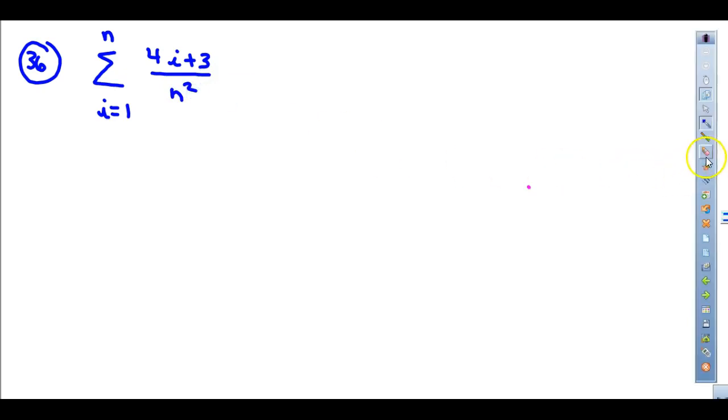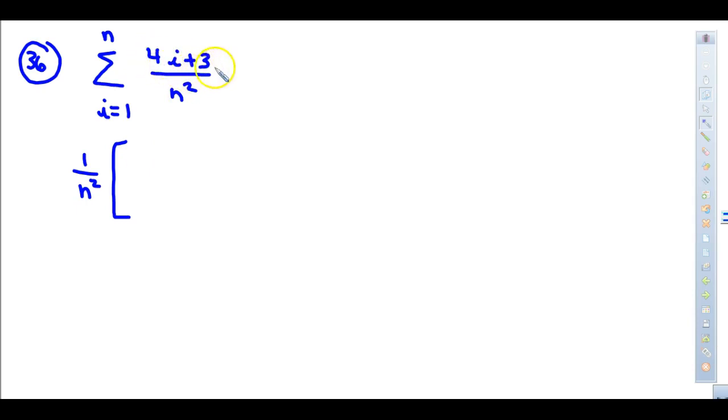So this is like that very first example that I just showed you where you don't have just I in here, but you actually have N in this expression as well. Keep in mind that N is a constant. So I'm going to pull that 1 over N squared out as a scalar.